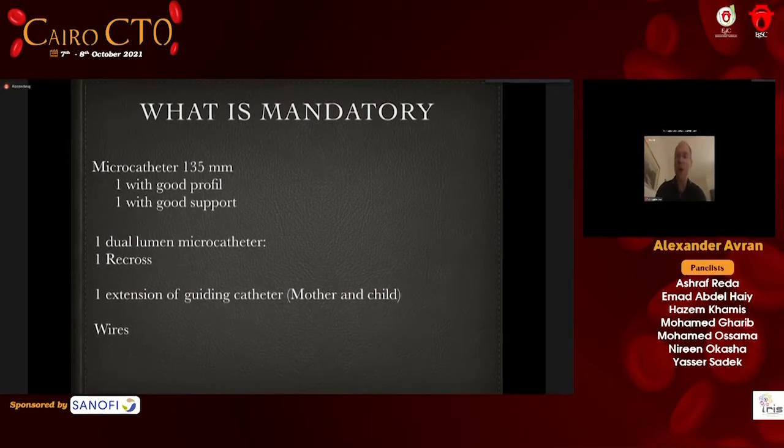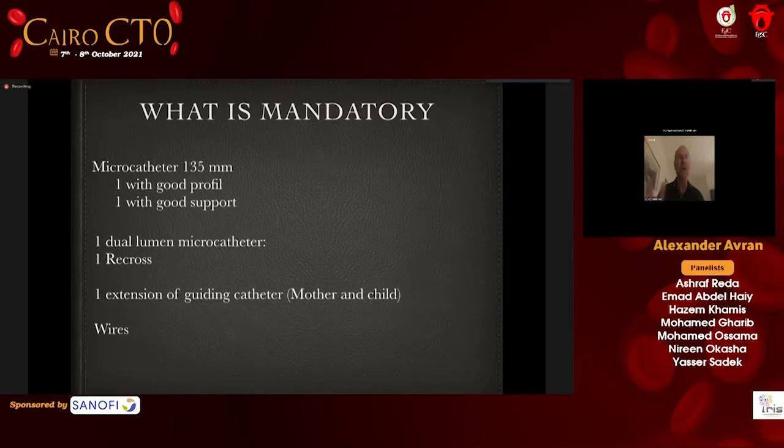You need also a dual lumen microcatheter. There are a lot on the market, and one is very special, and I like it very much if I'm working antegrade: the Recross microcatheter, which is a dual lumen microcatheter with 2 over-the-wire entries, and it allows me to do a lot of parallel wiring.